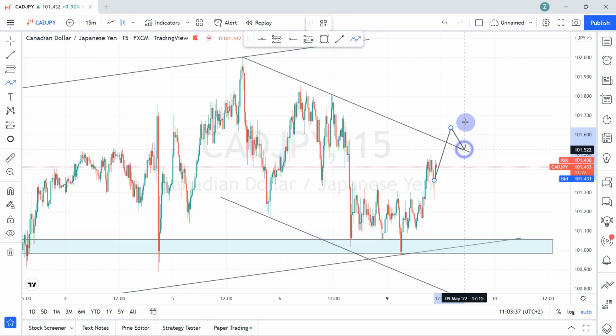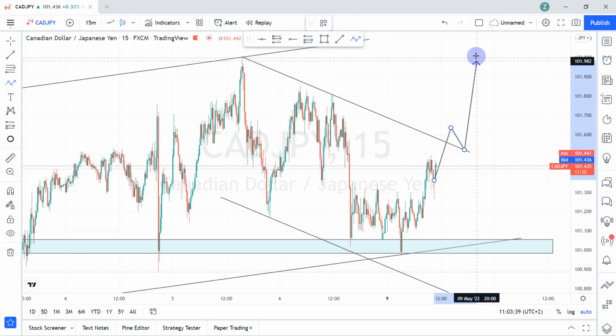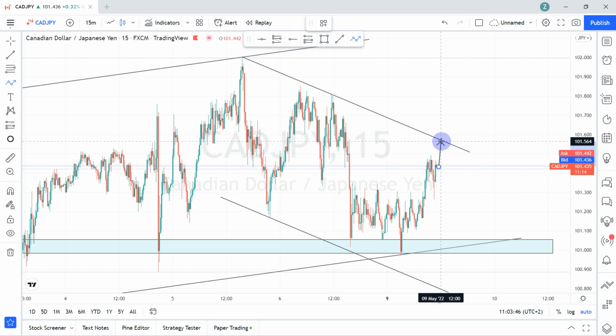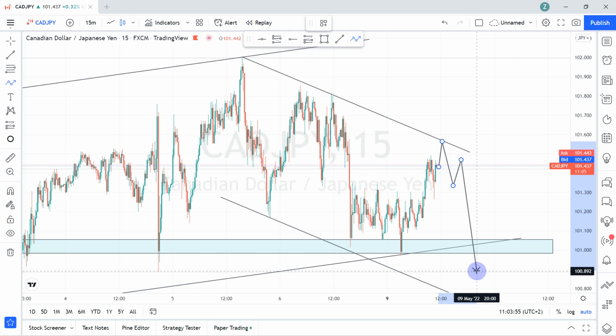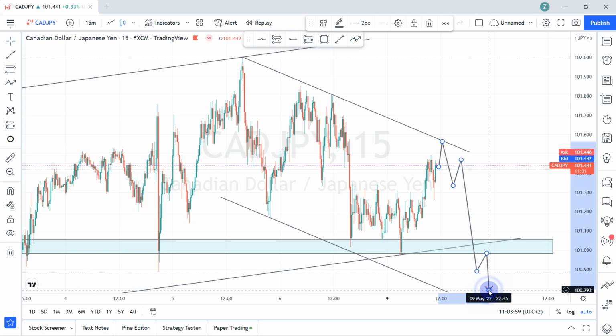I'm going to buy here, close there, or should the market push to the upside, give me touch and a head and shoulders, reverse from there, further push to the upside, we would sell here and ride the trend for further selling profits.